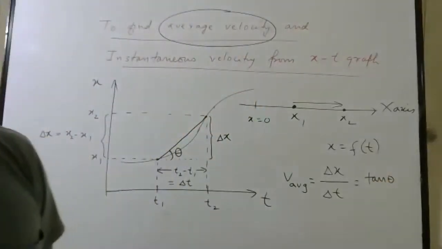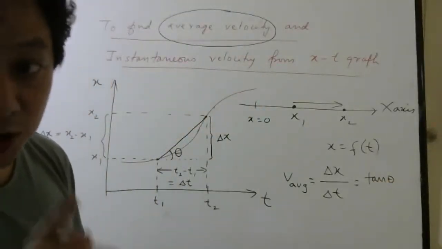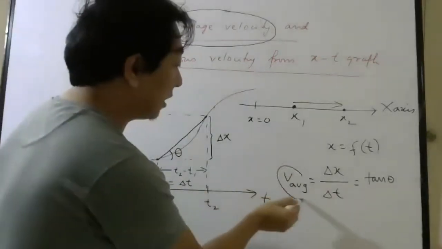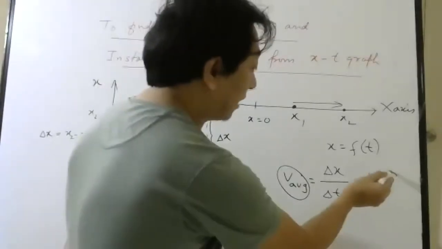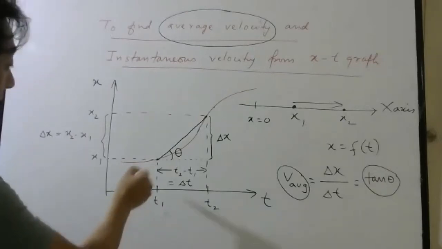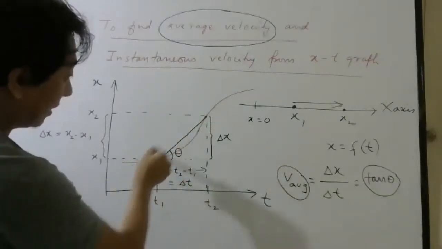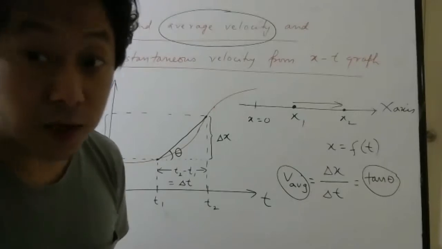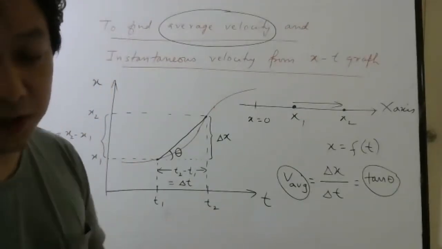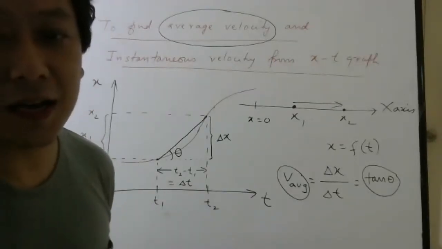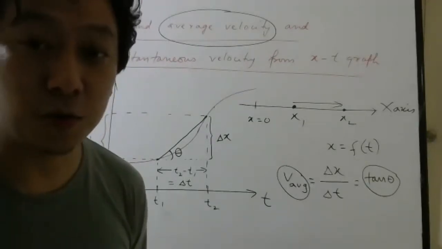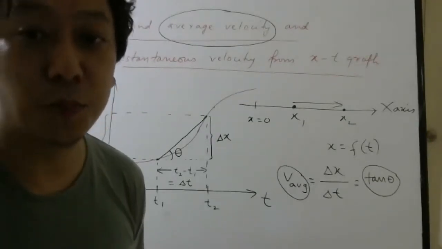So one thing you have understood: from the graph, if they ask you to calculate average velocity, you just need to calculate tan theta. But you have to be careful about what theta is. Theta is the angle made by the line joining the 2 points corresponding to T1 and T2. Whenever they ask average velocity, they will ask between 2 instants, 2 times, 2 points.